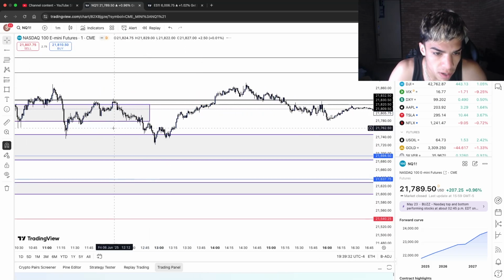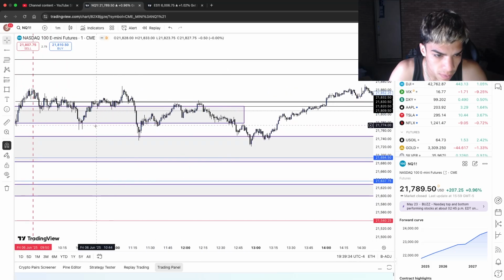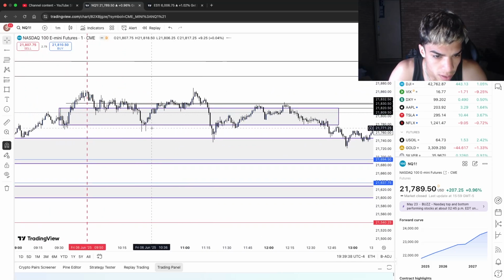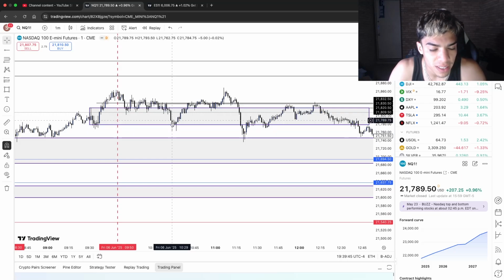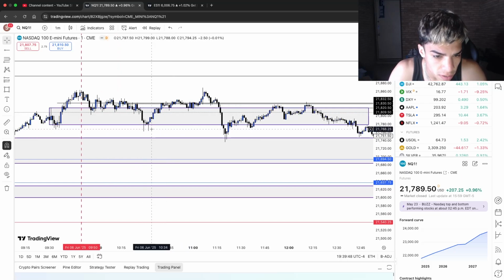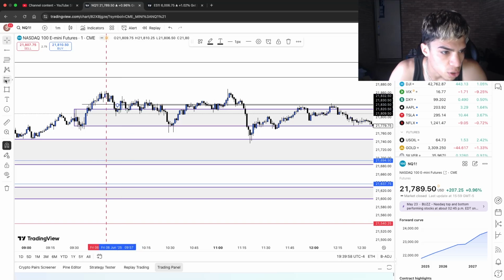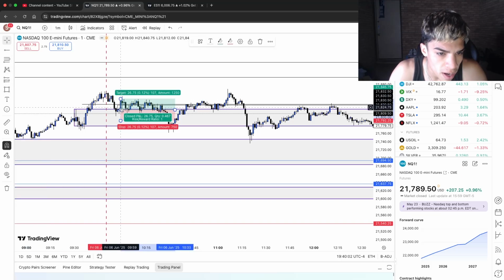On the 1 minute, prior to the disrespect, I don't know if these wicks count as a disrespect. We honestly could have saved ourselves from the trade, but we see a break of structure to the upside on this candlestick right here. So that made me want to take the long trade here, as all my confluences got hit.